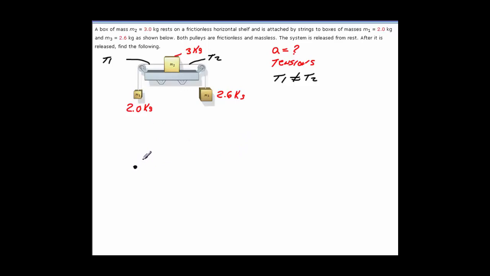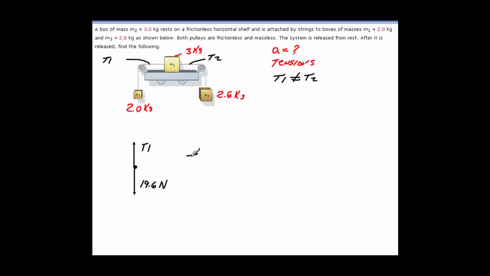We'll draw a little dot, with vectors coming down and going up. So we got 19.6 coming down, which is 2 times 9.8, and then we will have T1 coming back up.